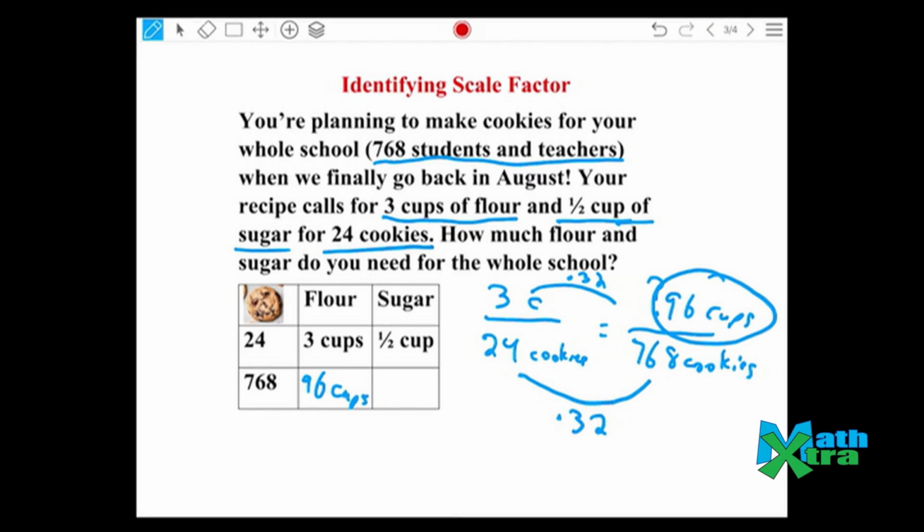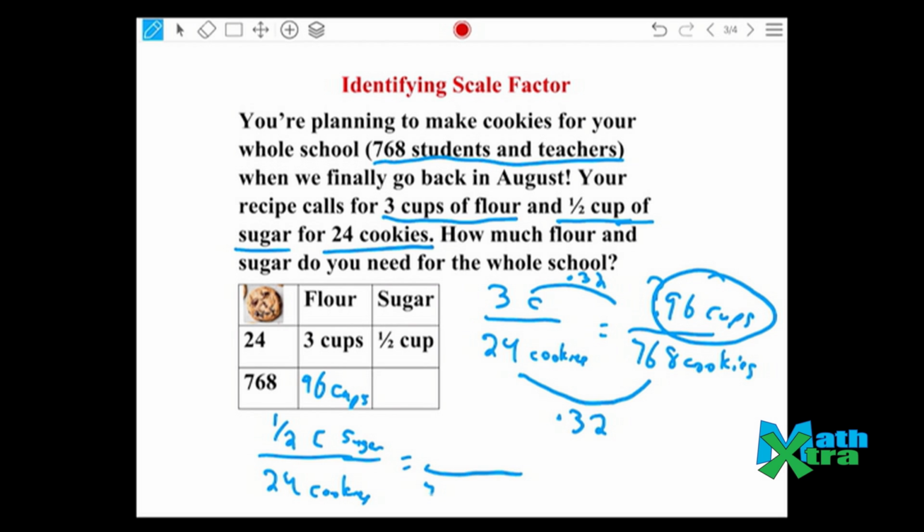So we've got our same scale factor. We've got 3 cups of flour for 24 cookies. Another thing that's very important, especially if you're the teacher doing this live, is making sure that you get your units right. So we're talking about 1/2 cups of sugar to 24 cookies.